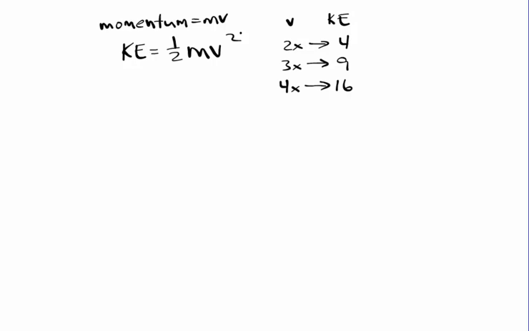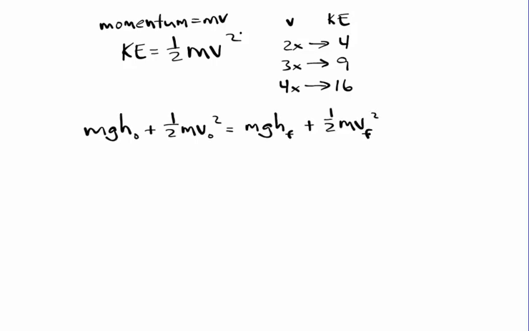If I have a situation with no friction, where I have a height change and a speed change, in those circumstances, we would say that energy is conserved. On your worksheet, I have this big formula that looks pretty scary, but is actually very useful and not so scary once you get what all the little symbols mean. This is a statement of what we call the conservation of energy.